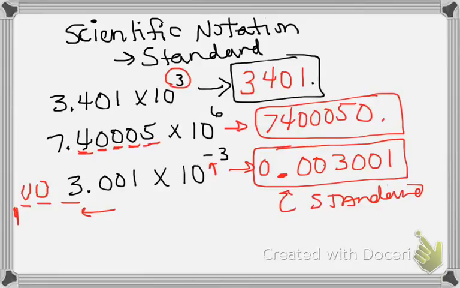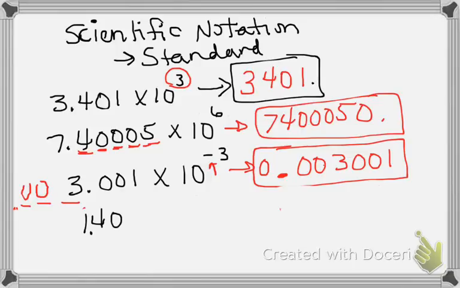Let's do one more, just so you can see what I'm talking about. I'm going to do another negative. So here we go. 1.40 times 10 to the negative 2. Again, we're looking at the exponent.